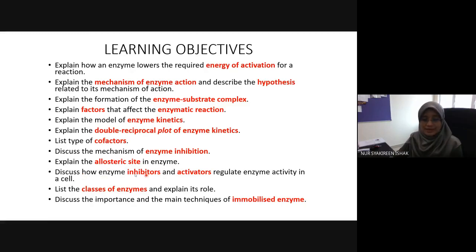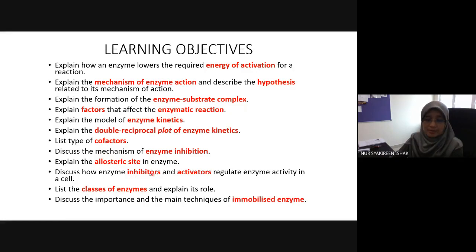The next learning objective is to discuss how enzyme inhibitors and activators regulate enzyme activity in a cell. Inhibitors and activators can bind to the allosteric site or the active site. They can bind to the allosteric site and cause the enzyme to change shape.